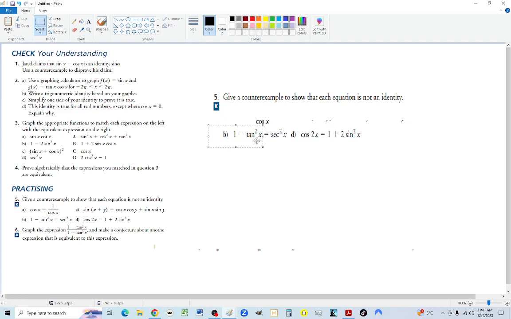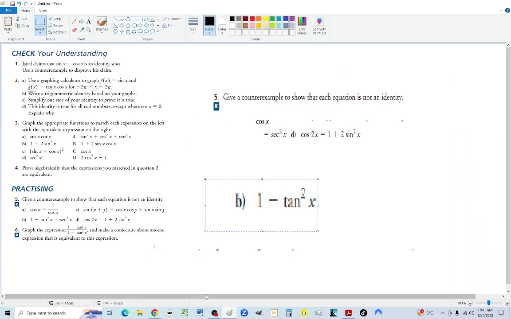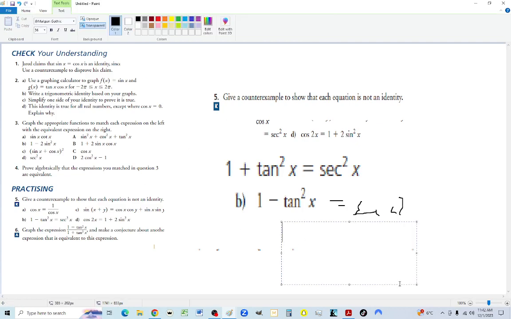This, we already know from the truths, is this. Where is it? 1 minus tan squared. Well, we know this is true. So we might as well use this. So there's no way that this can equal secant squared. We can easily prove that by saying, okay, tan squared is sine squared over cos squared.